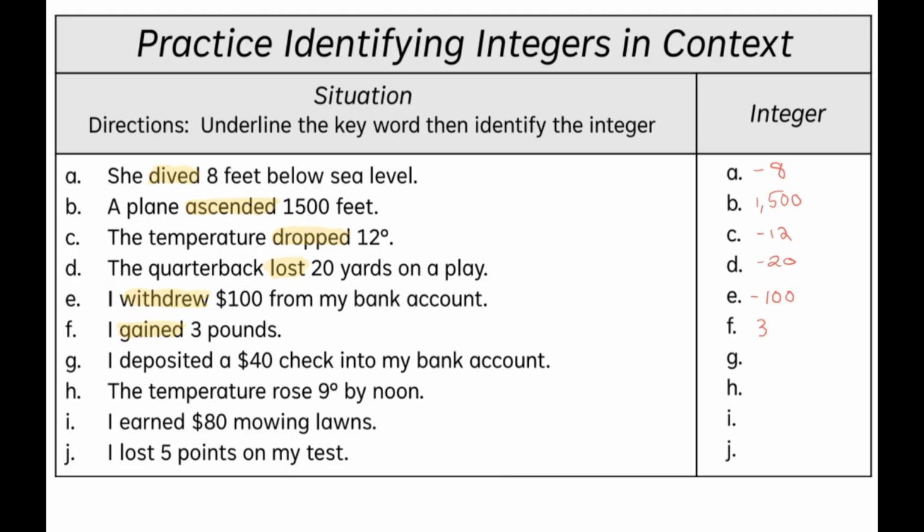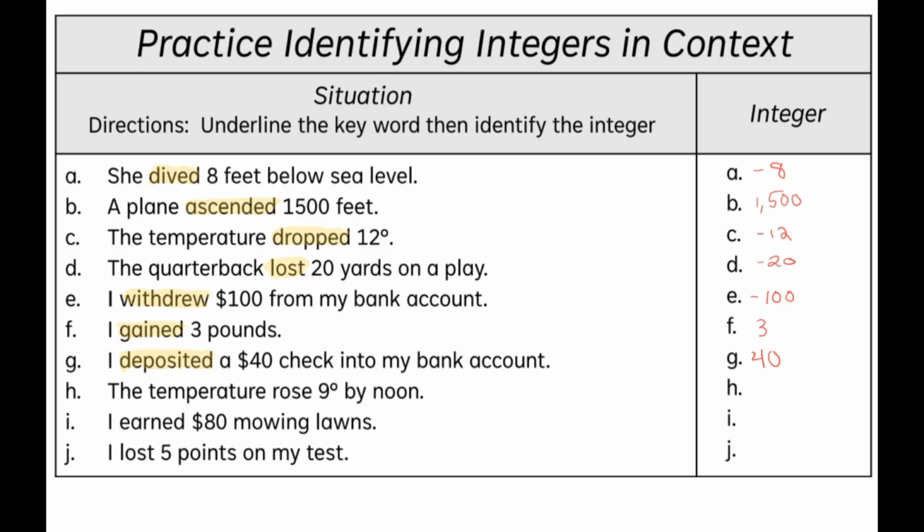Letter G. I deposited a $40 check into my bank account. So the key word here is deposit or deposited, sorry. That reflects a positive situation, meaning that the money in the account has increased. So this would reflect a +40.